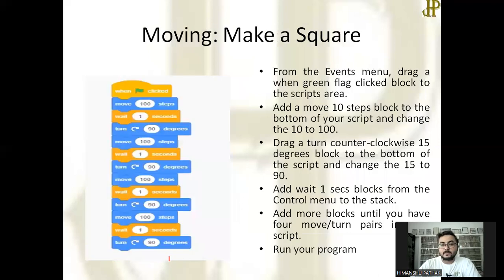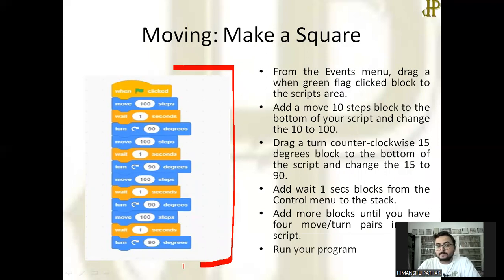And there are two types, if and if else. Clear? Now here you can see that I have written a program to make a square. So what is to be done? I have to move the sprite. The sprite is initially here.